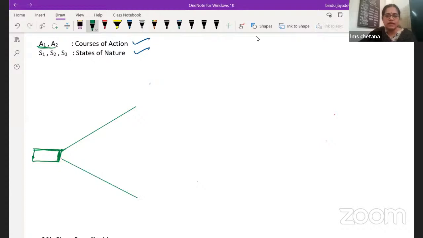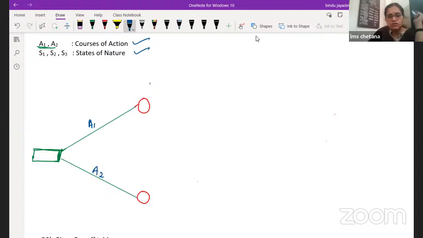Now at the end of each line, make a small circle. Please listen carefully, these should be joined, not branched, and both should come to the same line. Now here you are going to write A1 and A2. You can also write inside the circle.